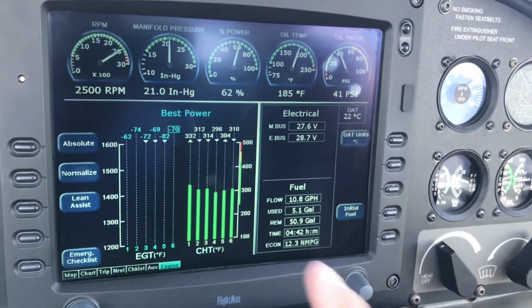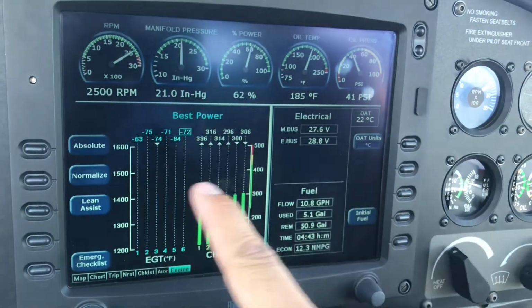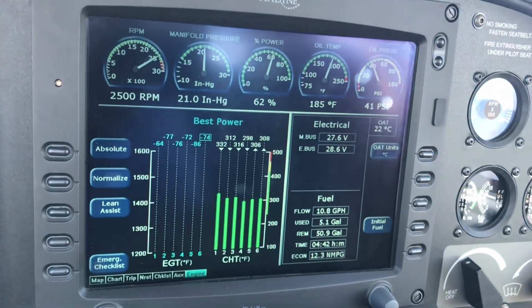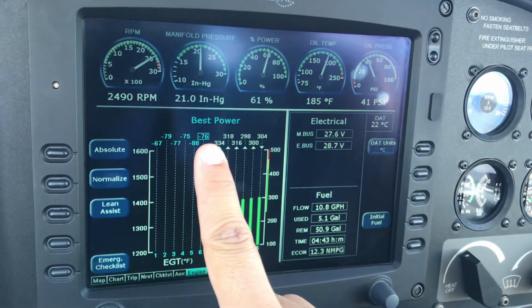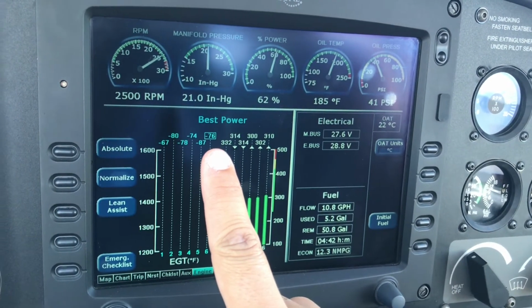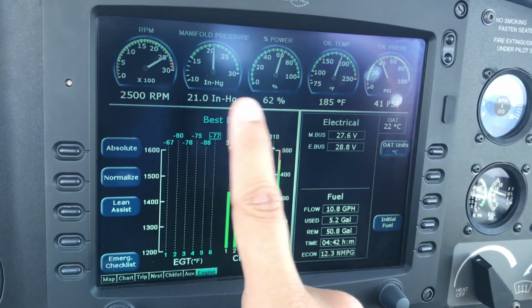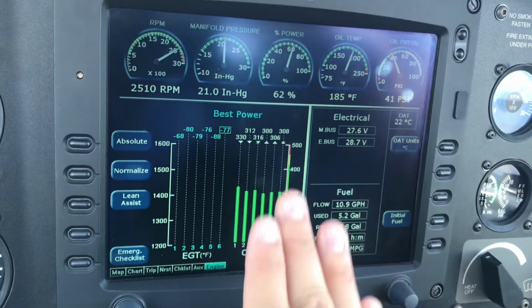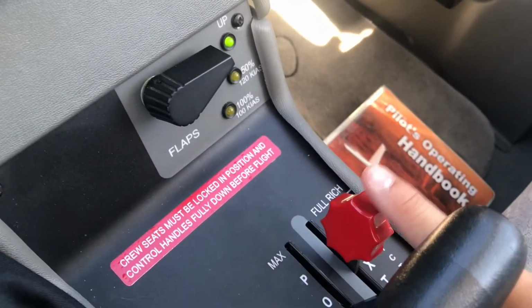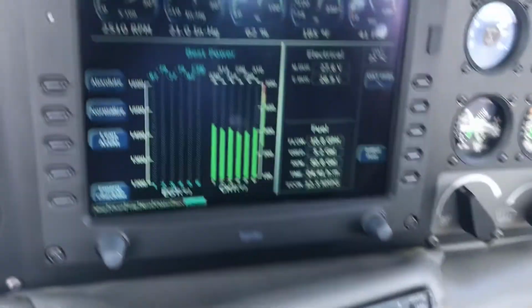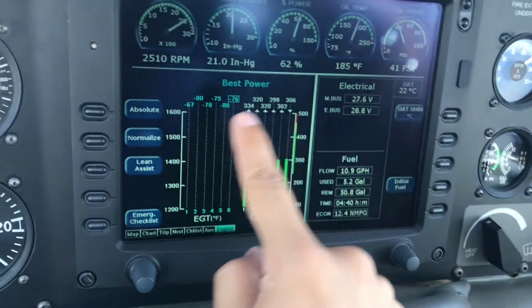See that? Now I'm falling on the best power configuration. So 75 degrees from the peak on the rich side is going to be our best power configuration for this specific aircraft. Okay? So now you know how to set that mixture for the best power configuration.